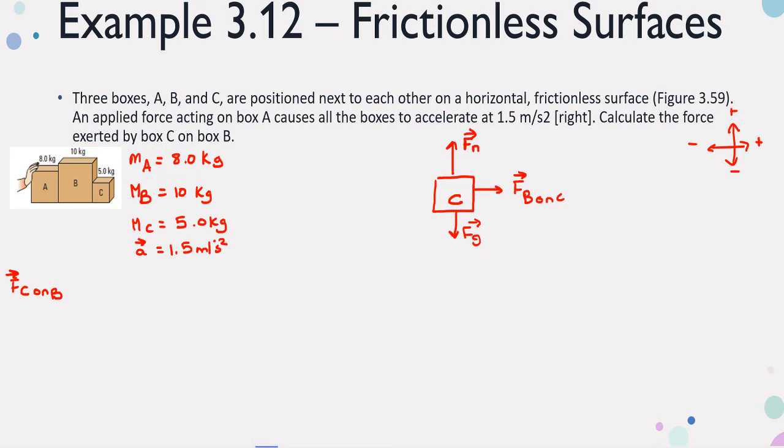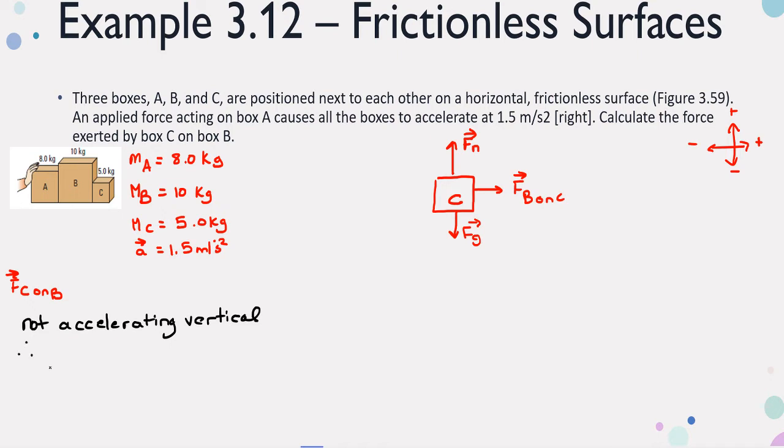Now, let's think about this. Box C is not accelerating up or down. It's accelerating in the horizontal. Because it's accelerating in the horizontal and not in the vertical, we know some things.